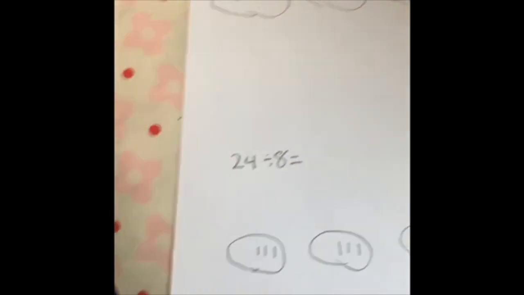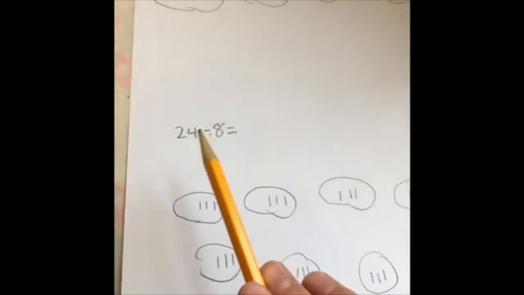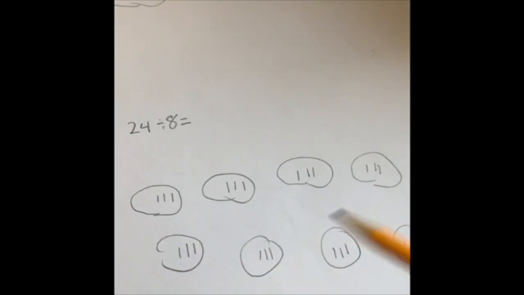Now what we're doing is kind of like dealing cards. We're giving one to each person, then another to each person, and another to each person, until we're all out of cards. So we've divided 24 into our 8 groups.